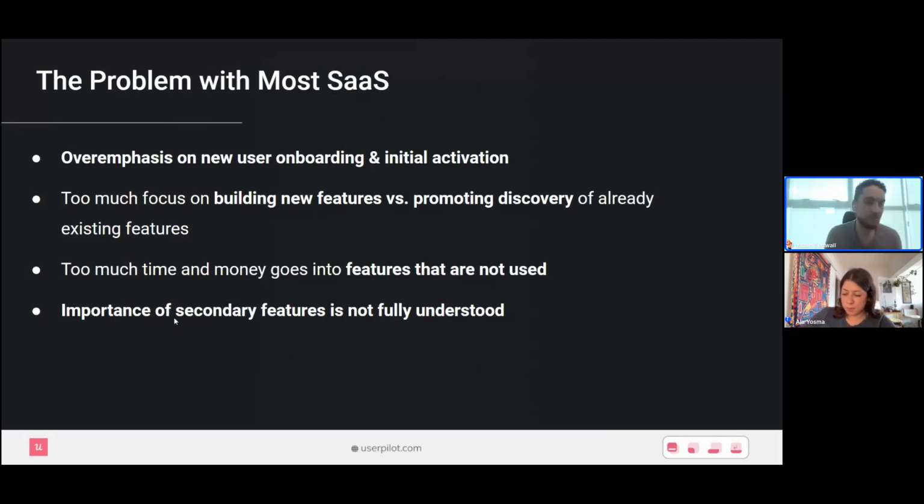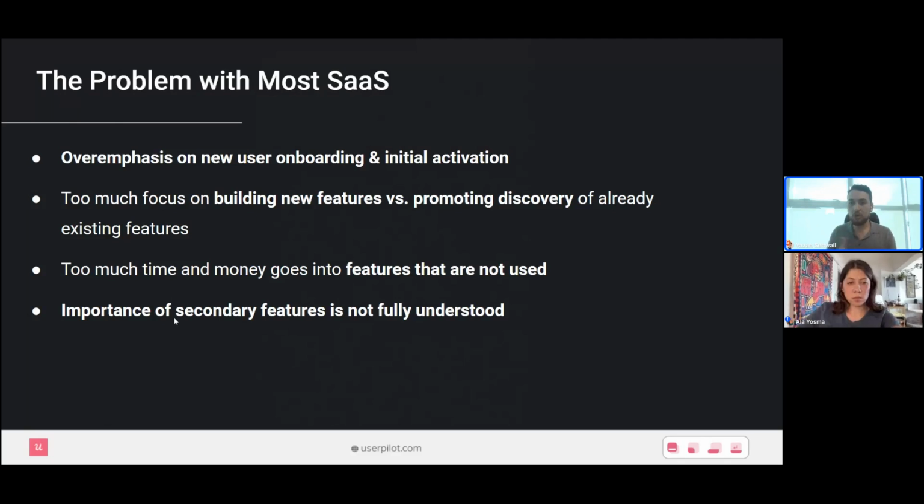Again, the problem with most SaaS companies is that they're just focusing on user onboarding and initial activation. And by the way, user activation is actually the easiest to solve, because you know what your core value is. If I'm Slack, for example, I know that I need my users to invite other team members and create workspaces, and you can easily push for that in the beginning.